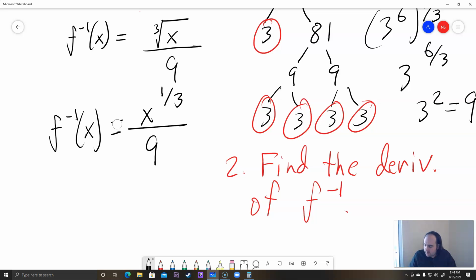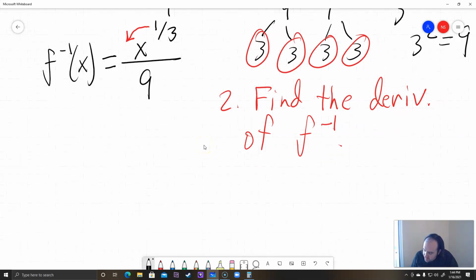And then to take the derivative of a power, I don't know if you remember the power rule, hopefully you do from Calculus 1, but basically to take the derivative of a power, you bring the exponent out front, so you bring it in front of the x, and then you decrease it by 1. So we're going to be doing 1/3 minus 1.